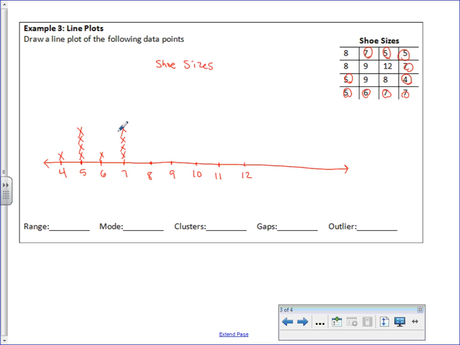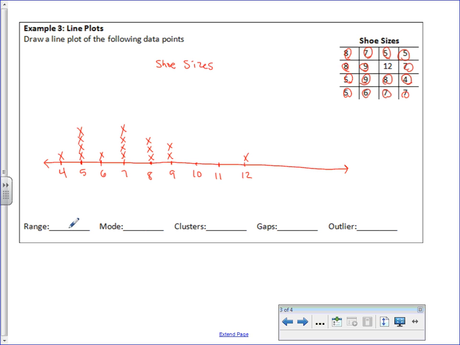And they should be about the same height. 8, I have 3 8s. 9, I have 2 9s. And then I have 1 12. Although I don't have anyone with a shoe size of 10 or 11, I need to also represent them on my line plot because I can't skip from 9 to 12 here.